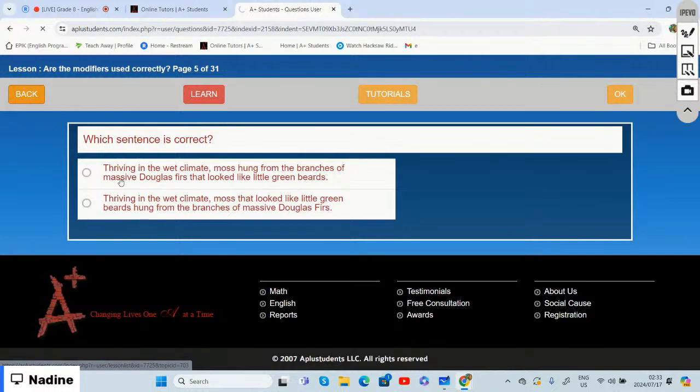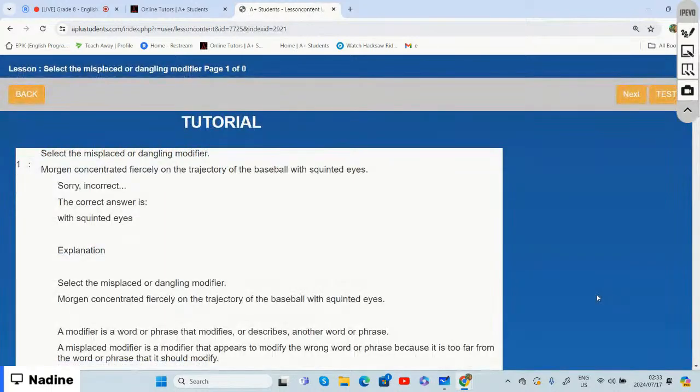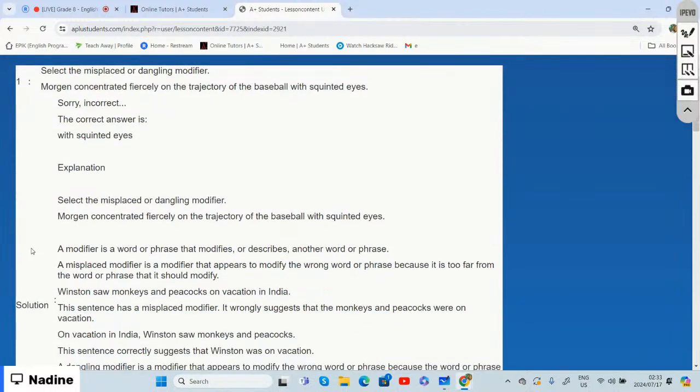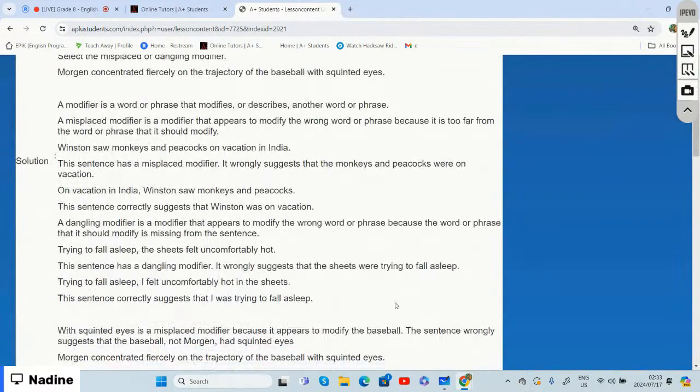All right. Now we're going on to the next one, which is we need to select either the misplaced or the dangling modifier. Right? And we say the modifier is a word or phrase that modifies or describes another word or phrase.